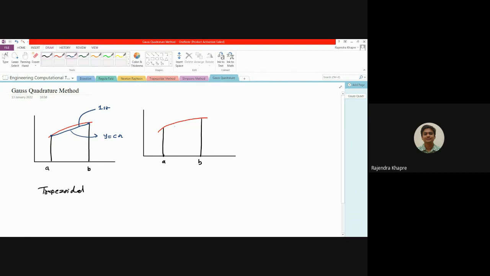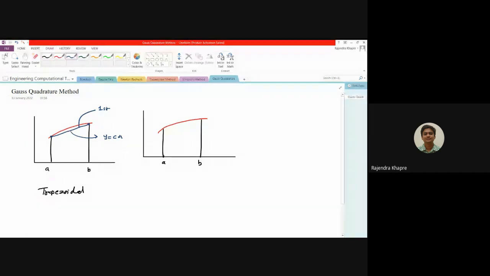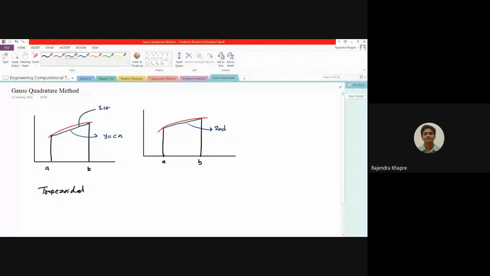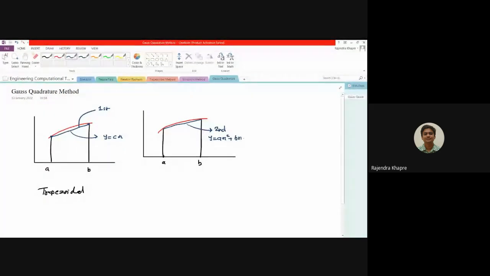Basically in Simpson's method, the joining between the first point and the second point is done with the help of a second degree curve. When I say second degree curve, this means y is equal to a x square plus b x plus c.